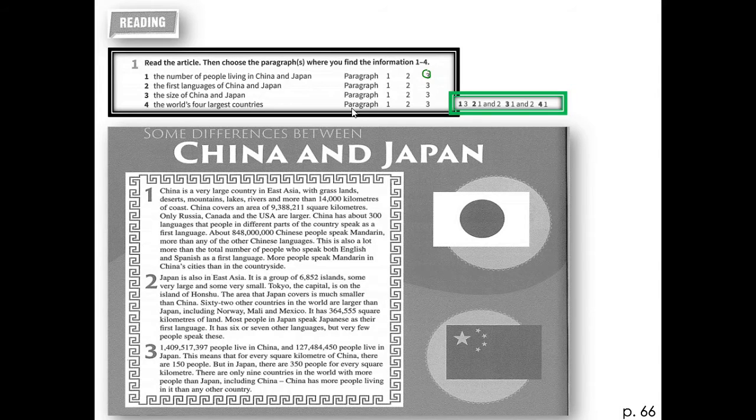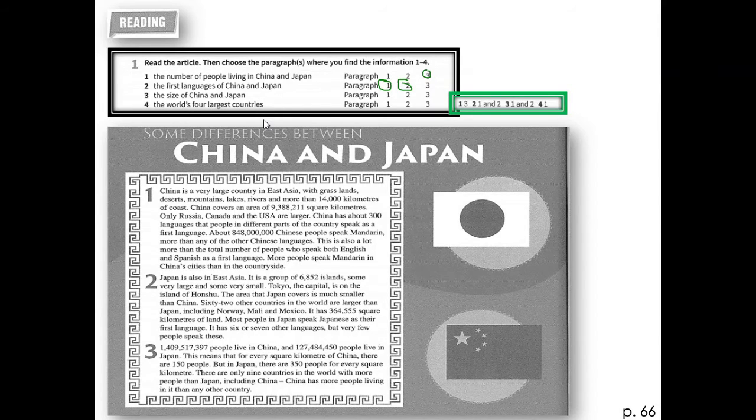The first languages of China and Japan: paragraph 2 talks about the languages, and also paragraph 1. Paragraph 1 is talking about China, paragraph 2 talking about Japan. So 1 and 2.